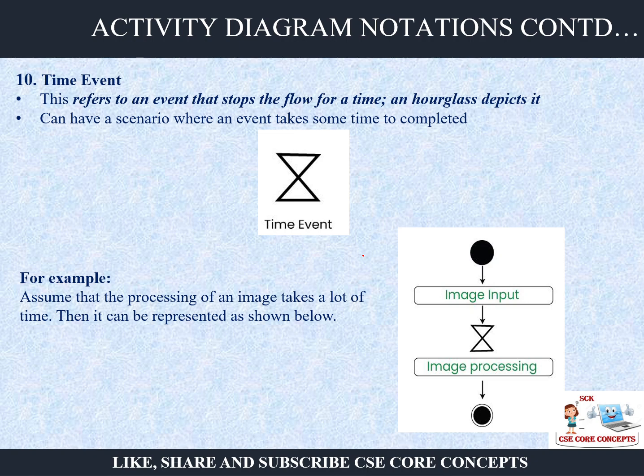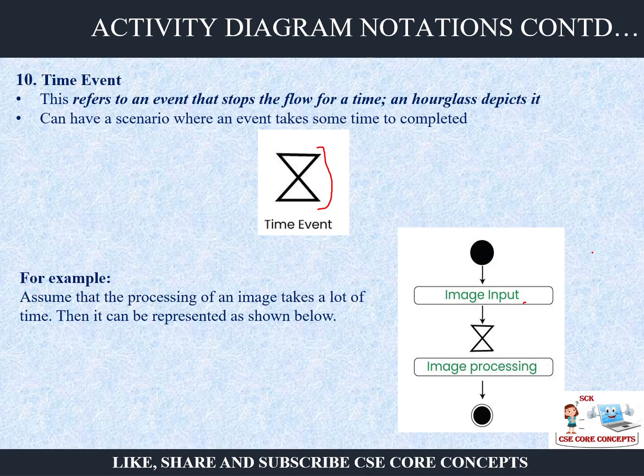Then comes the time event. So what is the time event? It shows the time taking processes. Okay, an hourglass type of symbol, which shows that this process requires certain time to complete. Let's say, for example, you have form processing in a passport or any other such application, where they give you certain instructions that your photo should not exceed this size, or it should be of JPEG format.